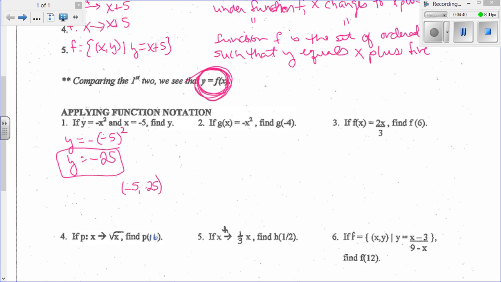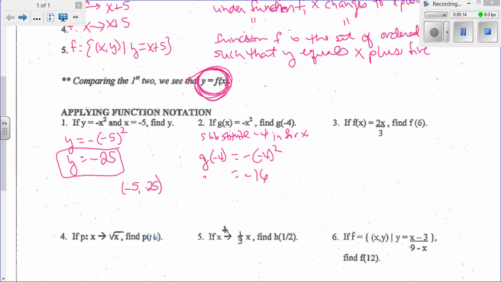For number 2, g of x equals negative x squared. Find g of negative 4. So what that means is I'm going to substitute negative 4 in for x. So g of negative 4 equals a negative, and then negative 4 squared is 16, so I have negative 16.